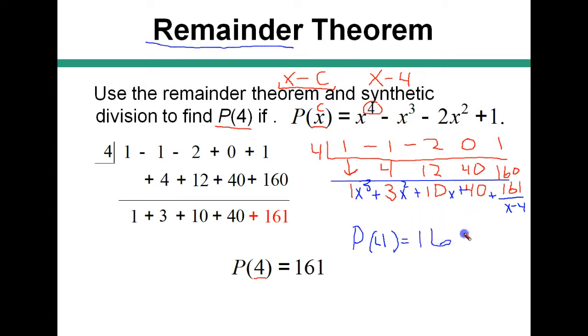We don't write the bottom part. And that's the remainder theorem. And again, they didn't give us that much explanation here, but there's what we're looking for. We're looking for the remainder, and we find the remainder through synthetic division when our C term is 4.